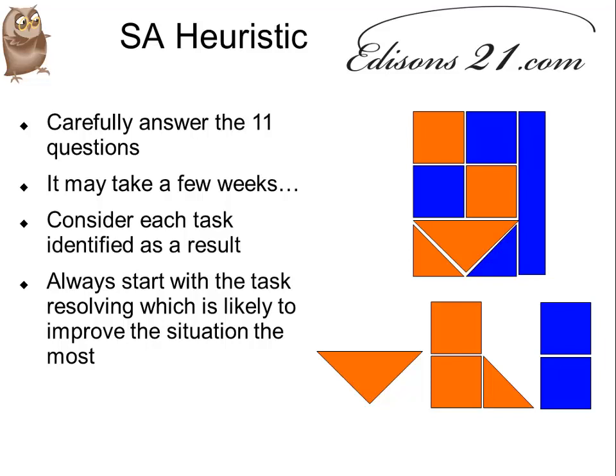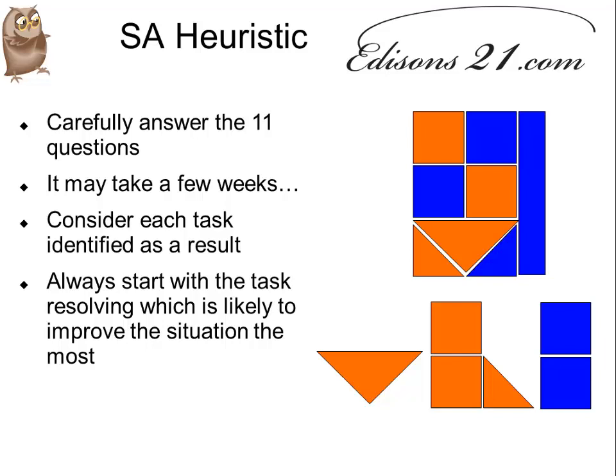It is even possible that an answer to a question will send you back to an earlier question. Do not be surprised that on some occasions it may take you a few weeks to adequately answer these 11 questions and to find some unexpected problem that is hidden in the situation under improvement.